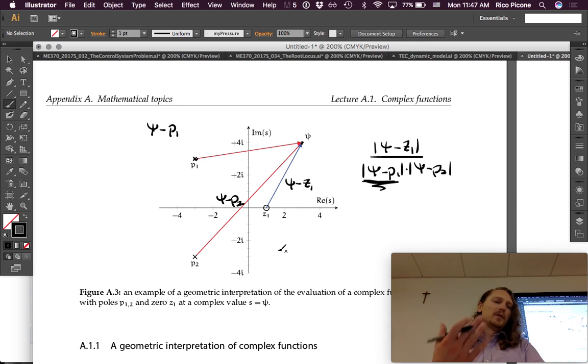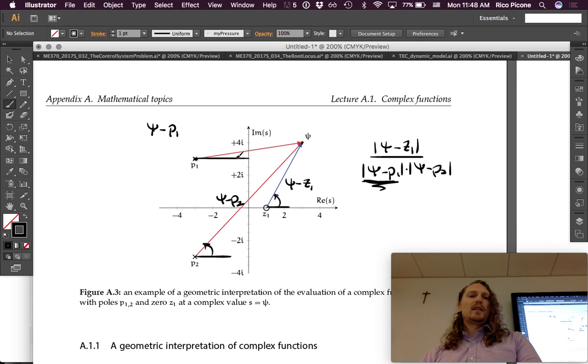And when we do root locus, this is going to be the key thing. And similarly, I didn't do that. That was just the magnitudes. The phases are these guys, right? So if we wanted to take the phases, we would do psi minus z1, so the phase of that.